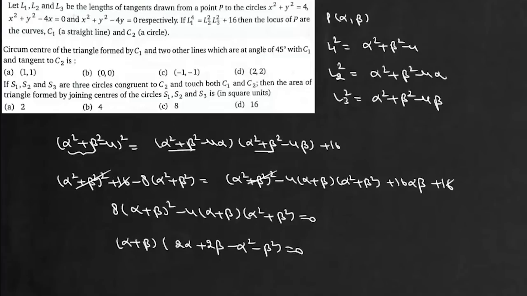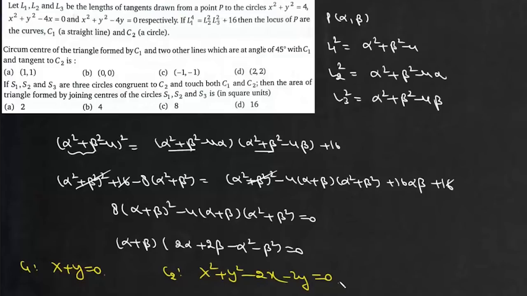So the required locus is either this straight line x plus y equals 0, which is given as this curve C1, or this circle C2, which is x square plus y square minus 2x minus 2y equals 0.